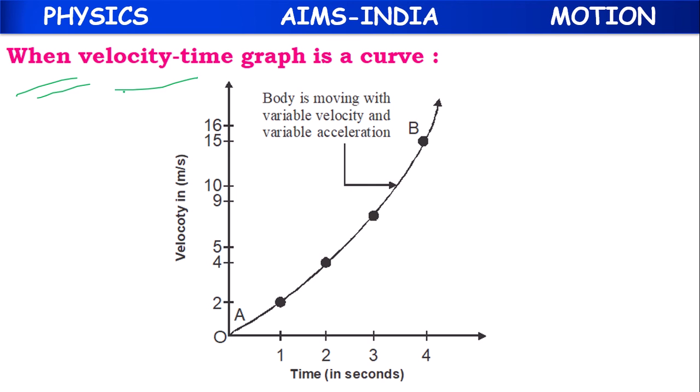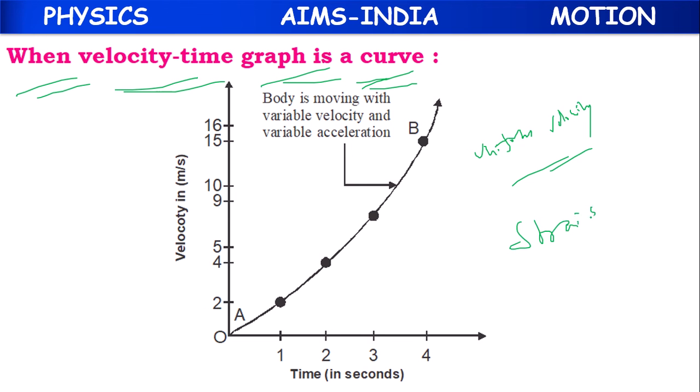Next, when the velocity time graph is a curve, it means it is not moving with uniform velocity. If it is moving with the uniform velocity, it will be a straight line. If it is a curve, it means it is moving with variable velocity and its acceleration also changes continuously, which is variable.